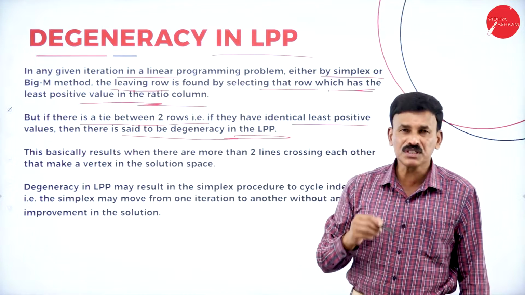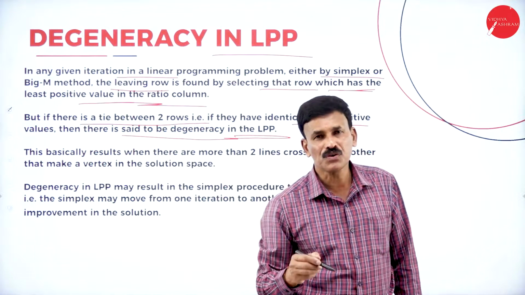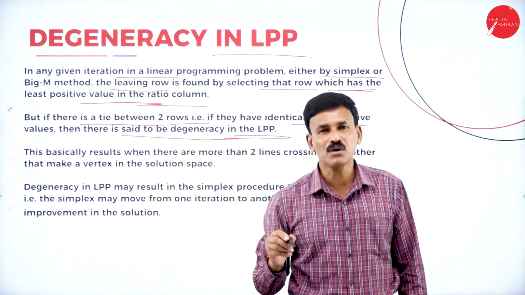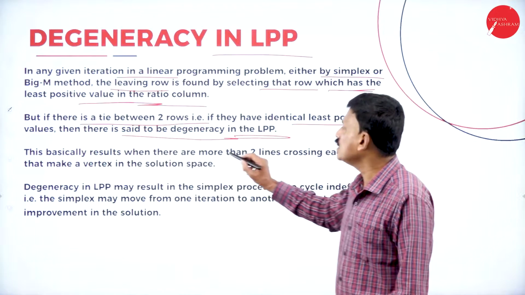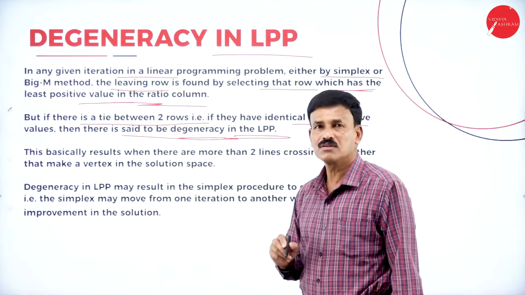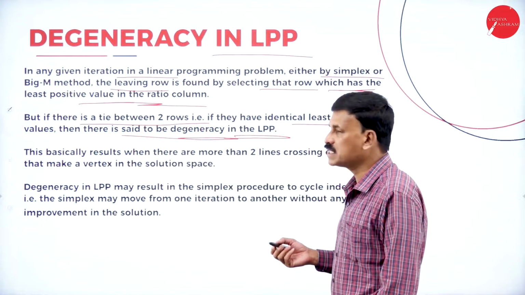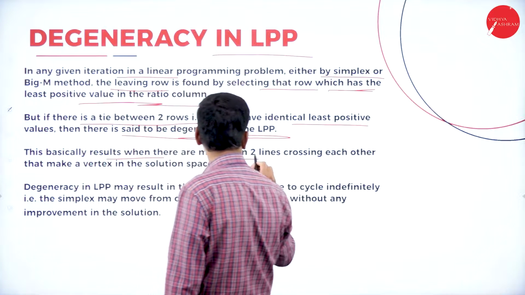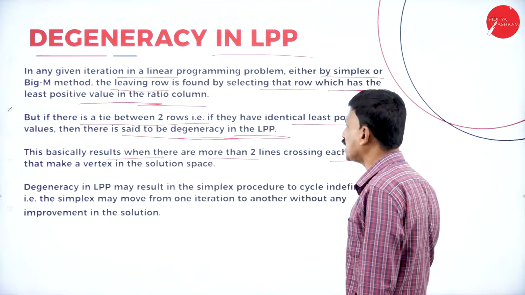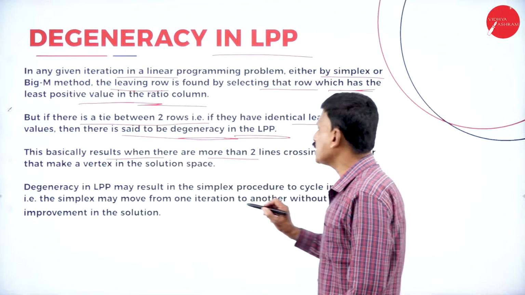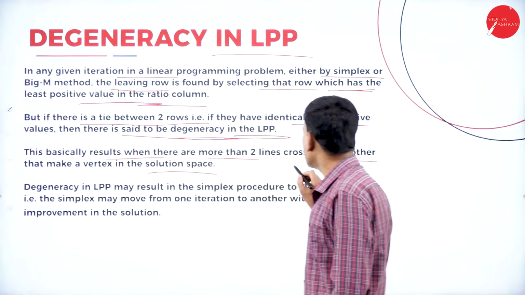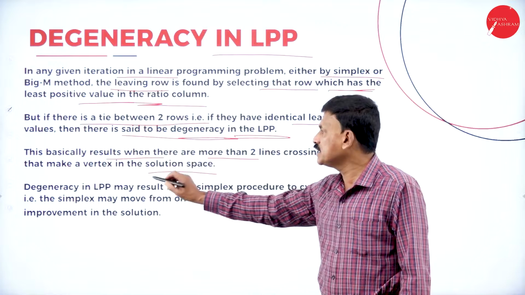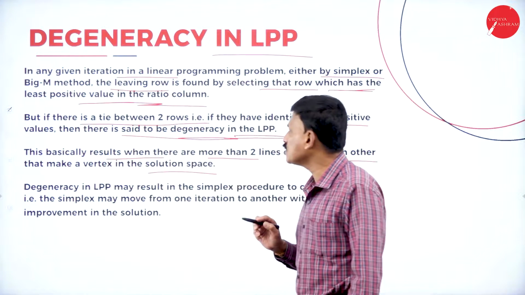If in the ratio column you find two values are the same, then the LPP is said to be degenerate. Now, how to remove the degeneracy? This basically results when more than two lines cross each other, which makes a vertex in the solution space.